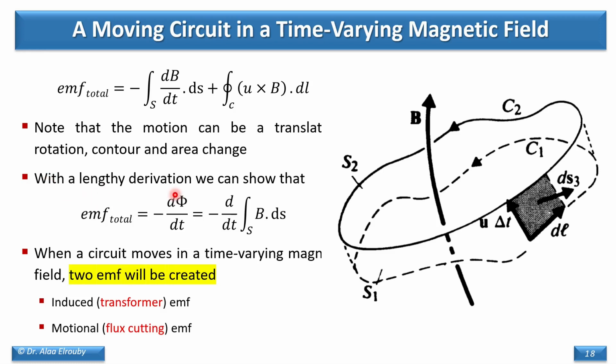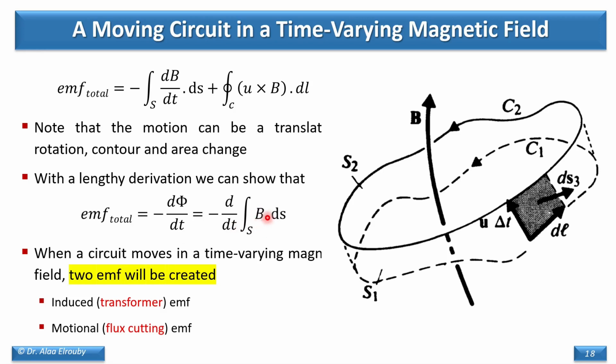With some lengthy derivation, we can find that the total EMF, both transformer and flux cutting, equals negative d phi by dt. Phi is the integral of B dot dS, and the negative of the derivative with respect to time of the flux equals the EMF.